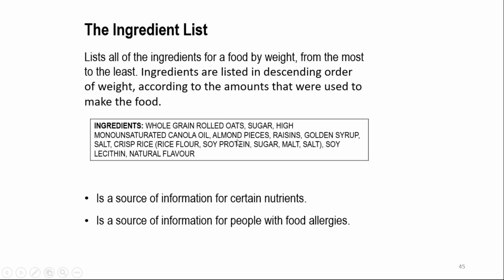On the other hand, those who have an allergy to almond, which is a tree nut, should also not consume it. In India the ingredient list is in descending order, and it clearly tells you whether you can consume the food or not, depending on whether you are allergic or intolerant to that food.